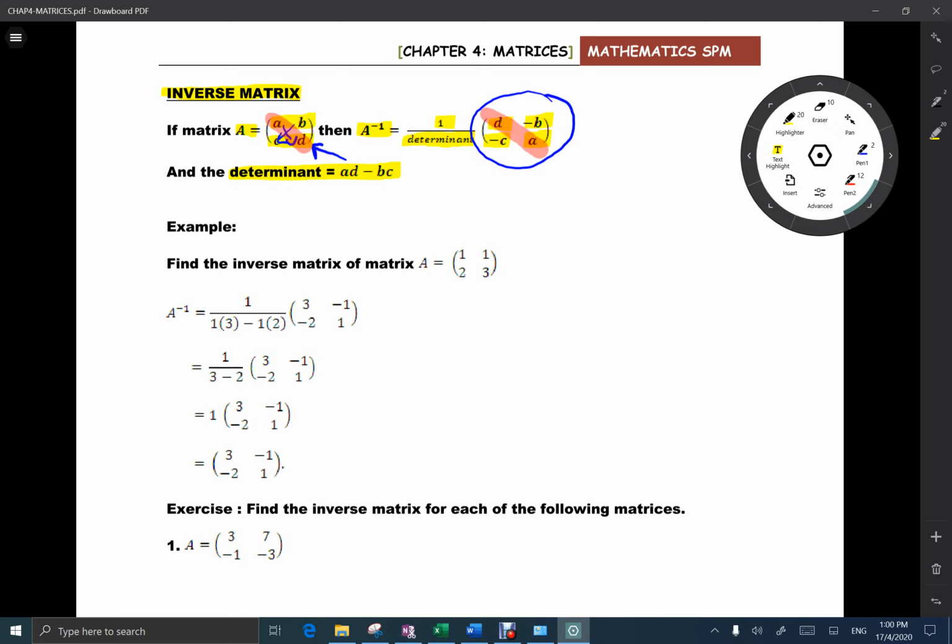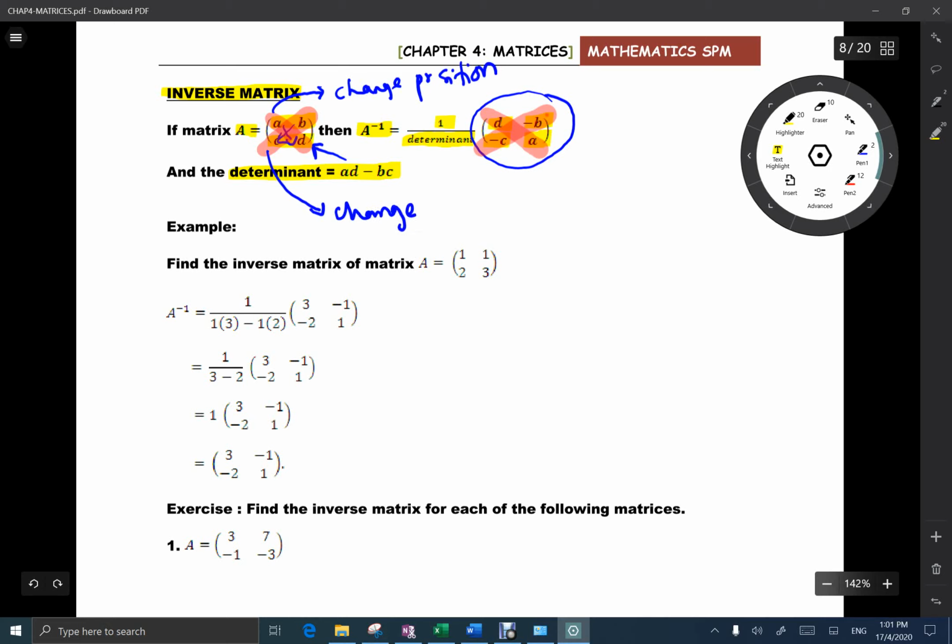Okay, now look at this part, C and B. Bila inverse, dia akan jadi negative C, negative B. Okay, the places remain the same, but you only change the signs from positive to negative. Okay, so I wrote down here. This part, you need to change position. And this part, you need to change the sign.